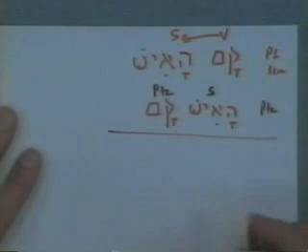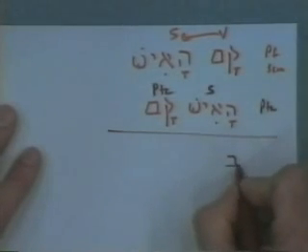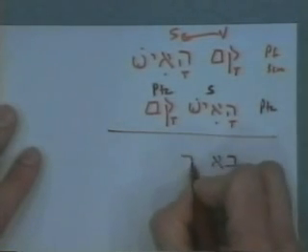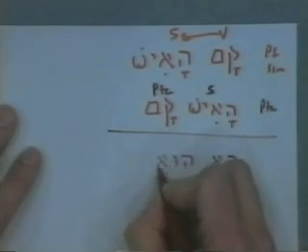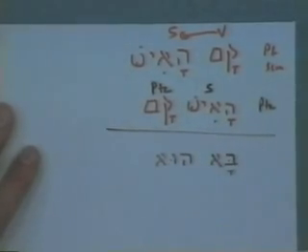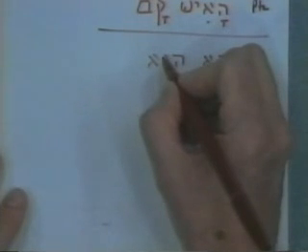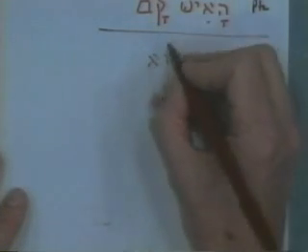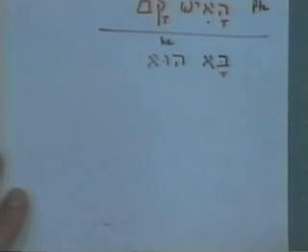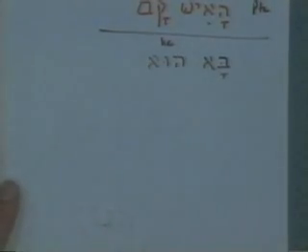Let me give you another one. Bahu. All right, who is? Who is he? All right. Now we're using a pronoun here. All right.